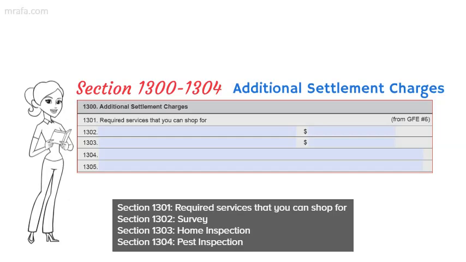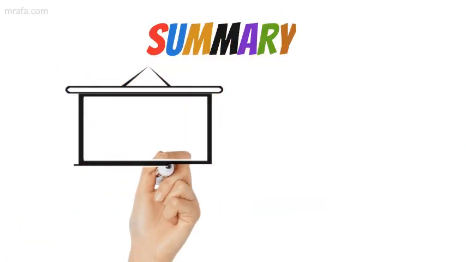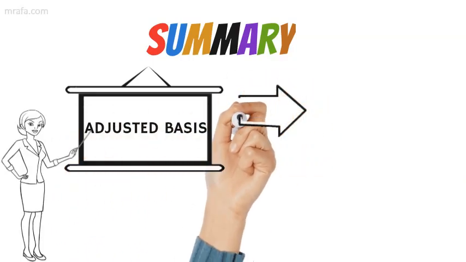So remember, the properties, if it's a personal property or a real estate property that's used for primary residence, you will depreciate it over the 27 and a half years, like the building and improvements related to it. So in summary, what are the things that should be added in the adjusted basis of the property when you're looking at the HUD statement?